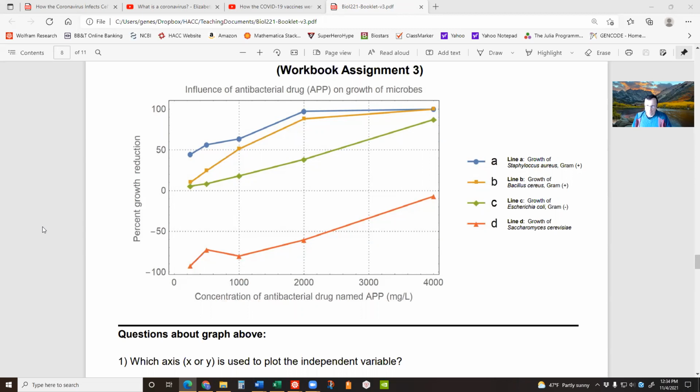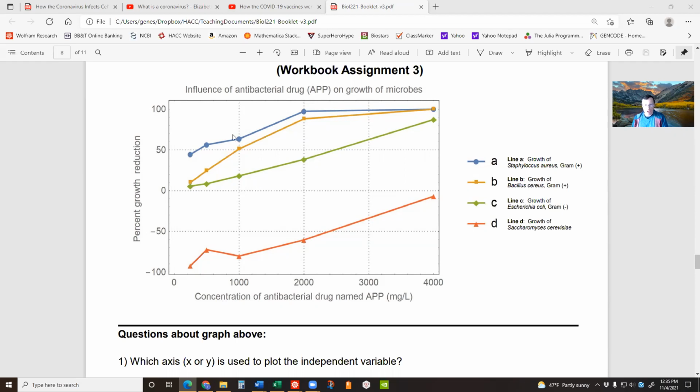The data in this is actually from a real scientific paper. Thank you, Rachel, appreciate it. And so I didn't make any of this up. It's not like Dr. Allen is going off the deep end and just throwing random numbers out there. All the things in this workbook that I'm throwing your way come from legitimate scientific publications. Okay, so let's start with the first question.